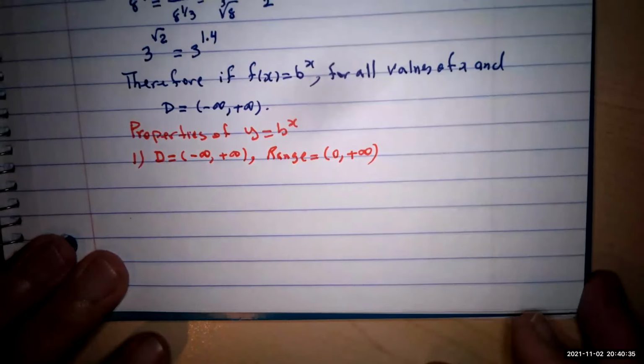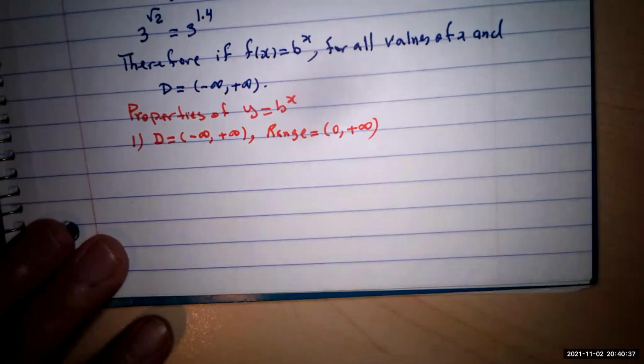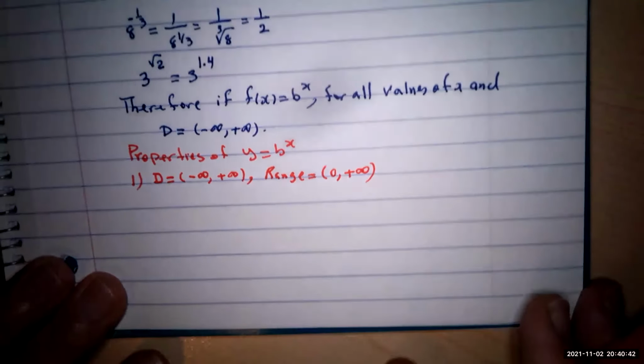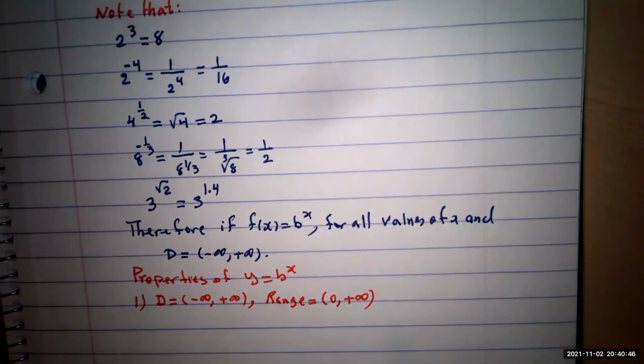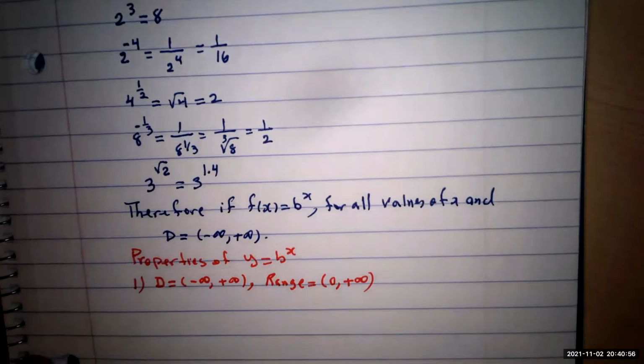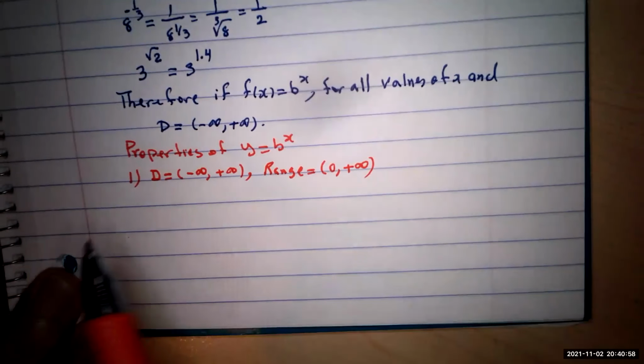So the domain of the function is all real numbers for the exponential function, but the range is all positive numbers because b is a positive number. So in particular, b to the x is never 0. Okay, this is one property.